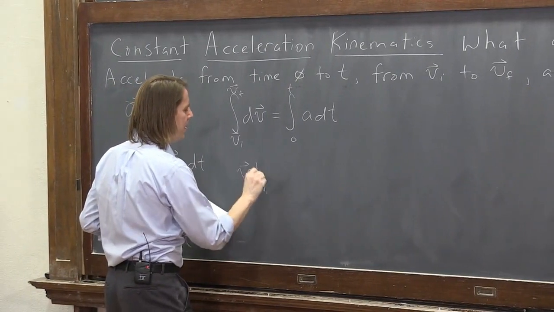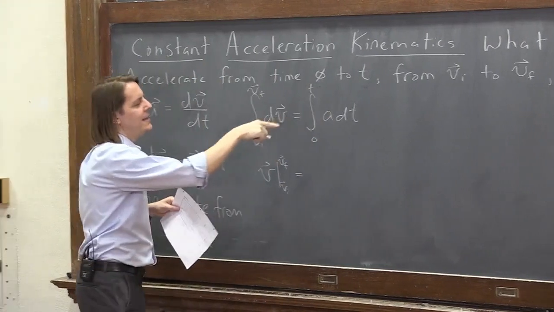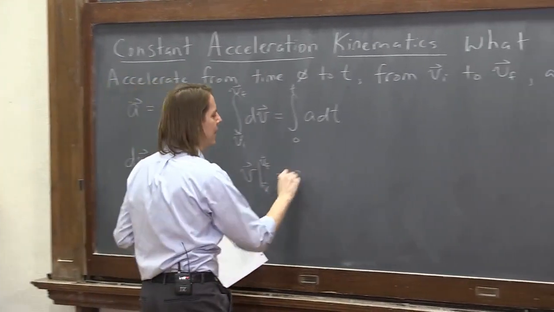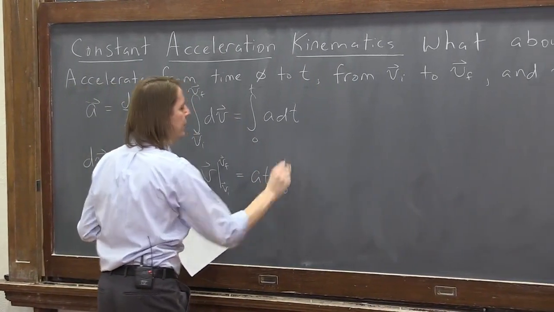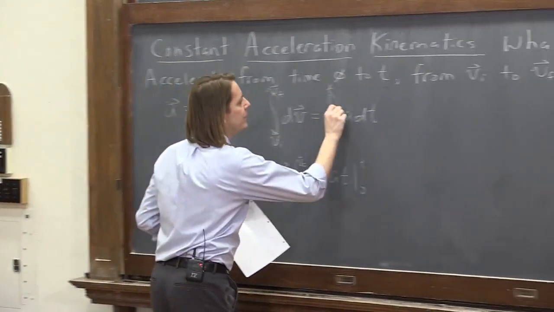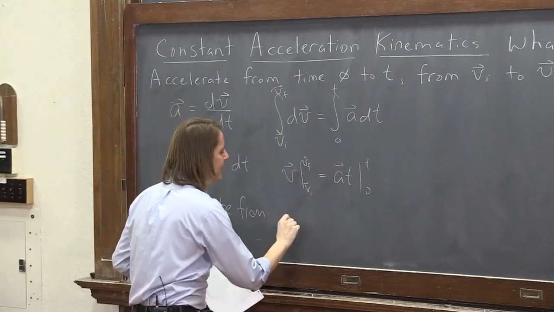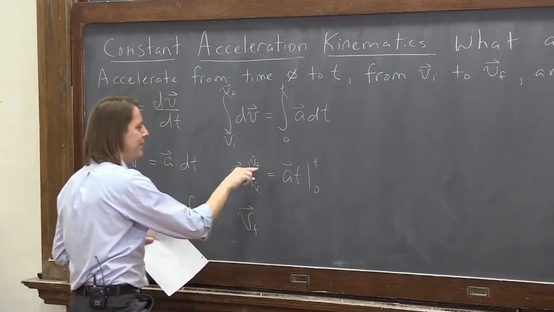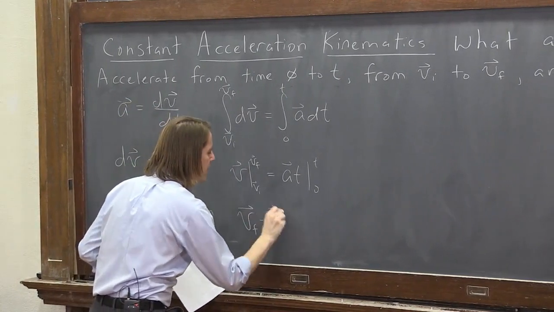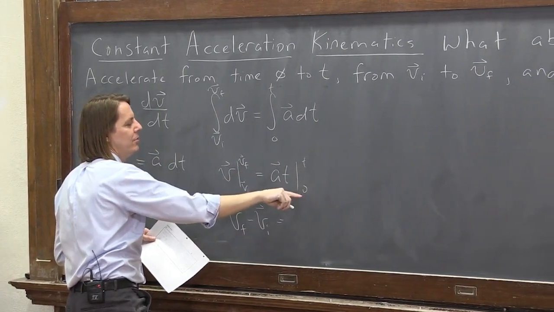So v evaluated from vi to vf, vectors everywhere, equals the integral of a dt. The integral of a constant times dt is just the constant times t, so that's at integrated from 0 to t. Then we apply the bounds: vf minus vi equals at, plugging in t, minus plugging in 0, which gives nothing.